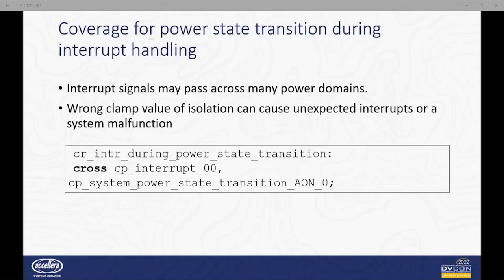Interrupt signals may occur in multiple power domains, hence interrupt handling also needs to be checked with power features. This is a sample cross-coverage code snippet for interrupt handling and power state transitions. If there are wrong isolation values in UPF, it can cause unexpected interrupts or system malfunction.